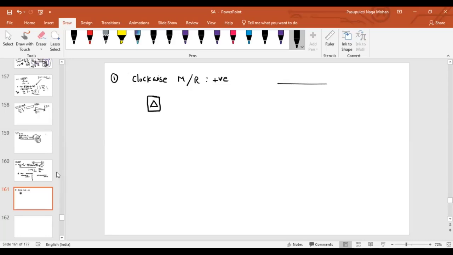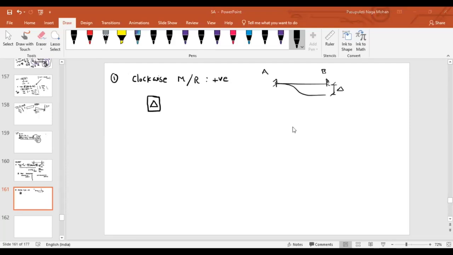Before that, can somebody tell me, imagine there is a fixed beam AB, and if the right side support B is sunk by an amount delta, can you tell me what the fixed end moments that will generate at the ends are?